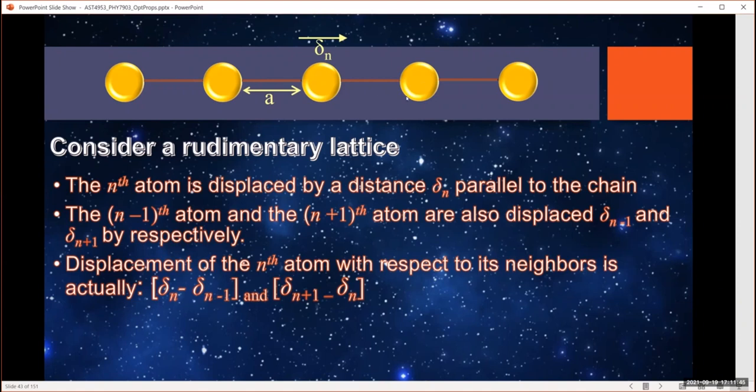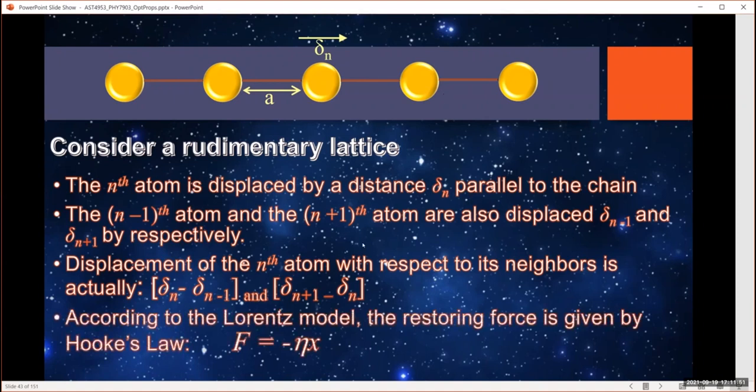So our displacement of our nth particle depends on the displacement of the other particles. According to Hooke's law, there's going to be a restoring force. This is its equilibrium position. When it is displaced, it's going to have a restoring force that tries to pull it back to its equilibrium position. And that restoring force is given by Hooke's law. So that's minus eta x, where in this case, x is our displacement.